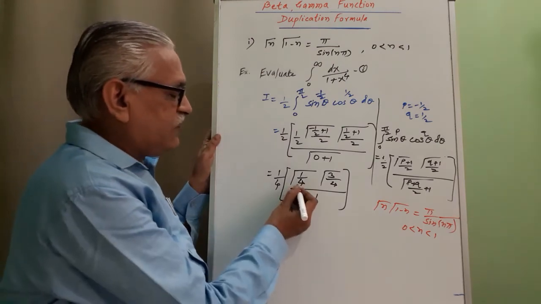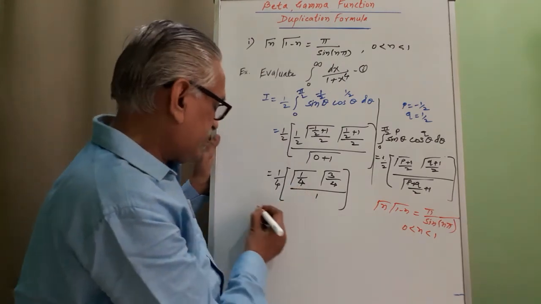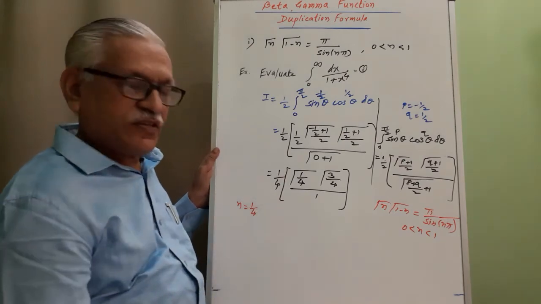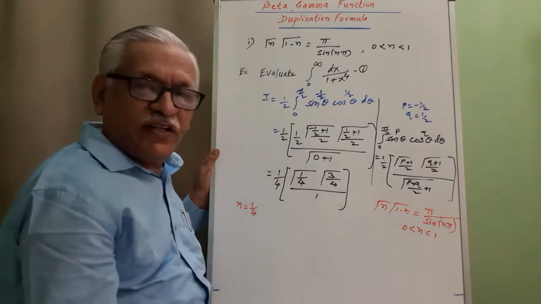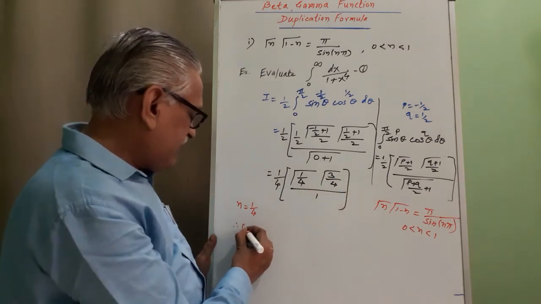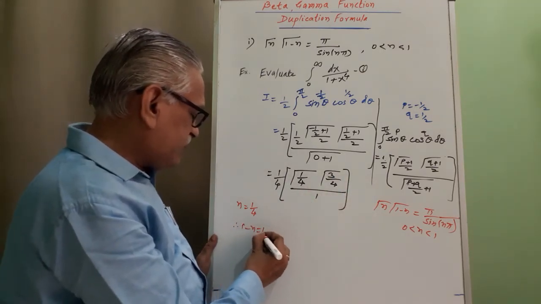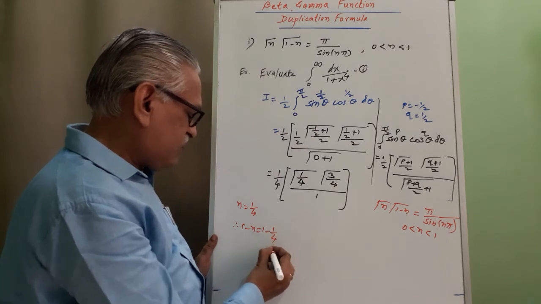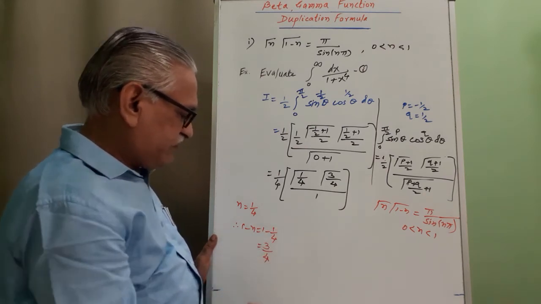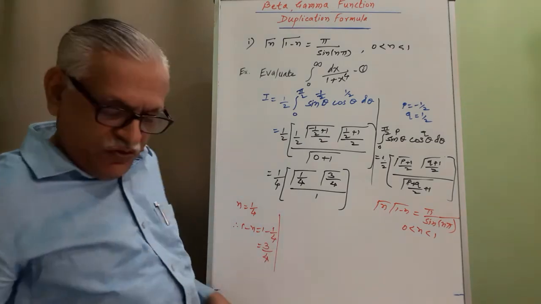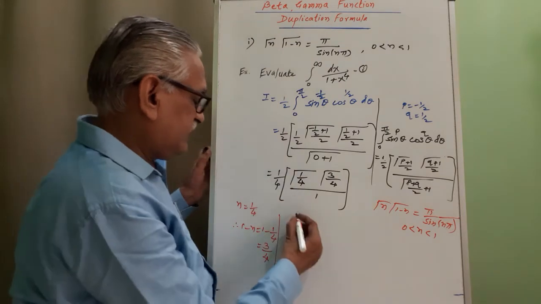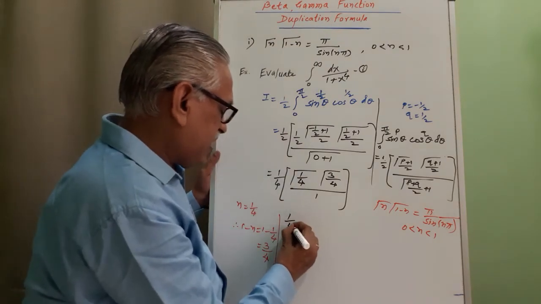If we consider the value of n as 1 by 4, which is between 0 and 1, then 1 minus n becomes 1 minus 1 by 4, that is 3 by 4. Therefore, applying this, we get 1 by 4 as it is.